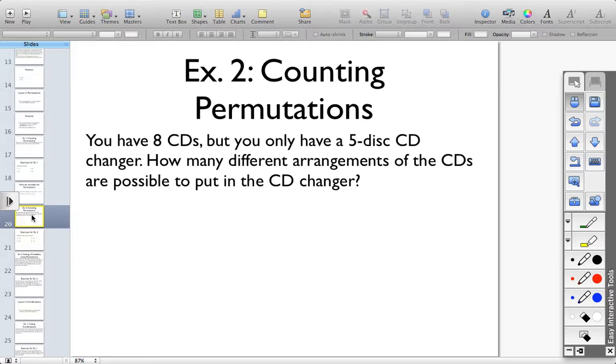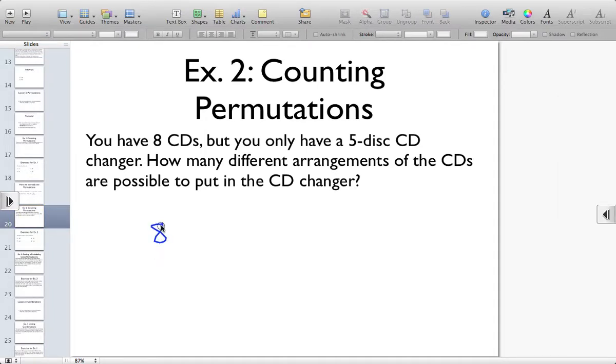So the way we would write this is I would have 8, right? My N value is equal to 8 because that's how many total possibilities there are, but I can only take 5 at a time, so that's my R value.